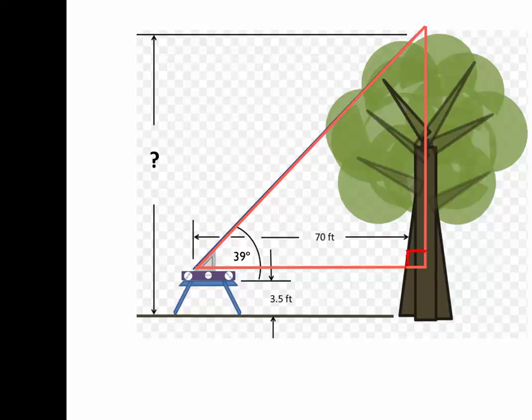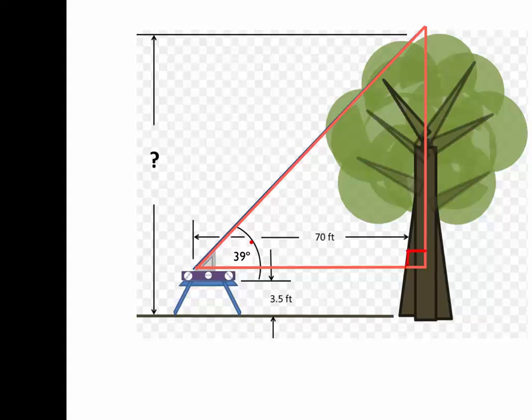Then we have to identify what we know and what we need to find. In this triangle, what's one thing that we know? You know the angle. This is our angle in question. When we talk about the tangent of an angle, or the sine or cosine of an angle, that's going to be the angle in question.